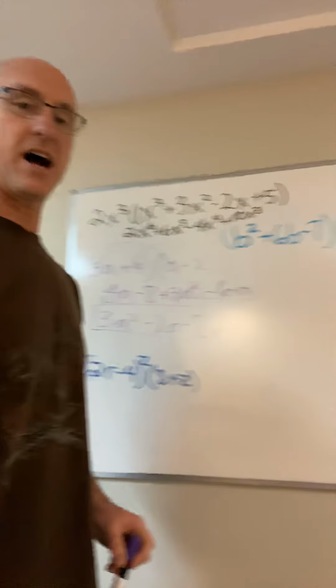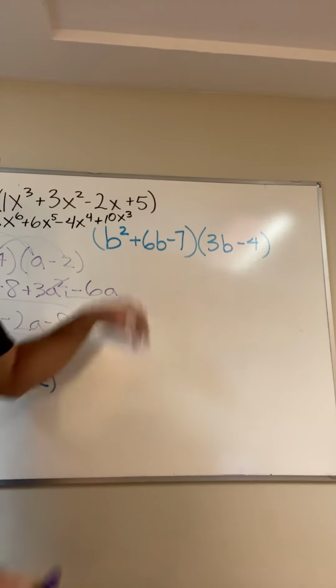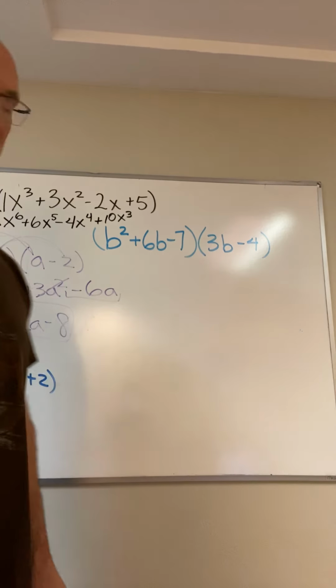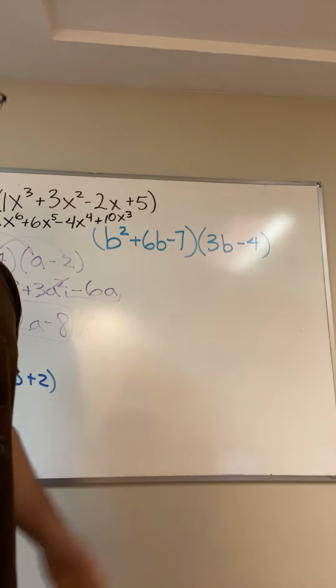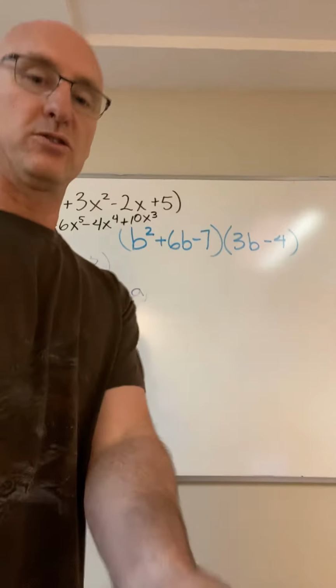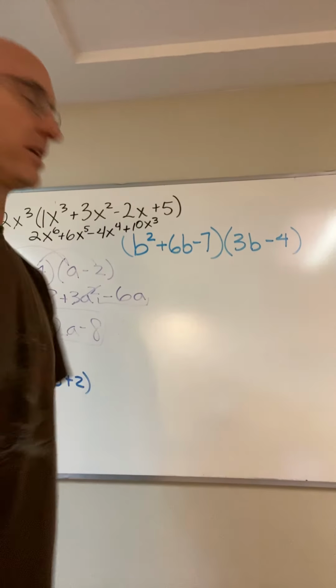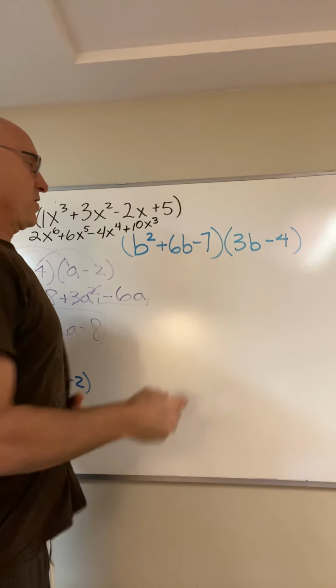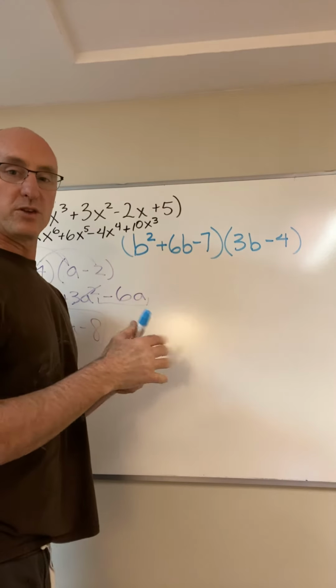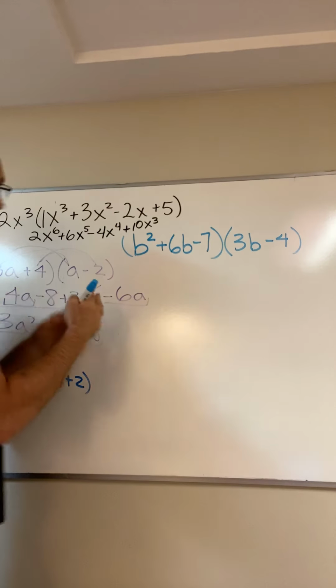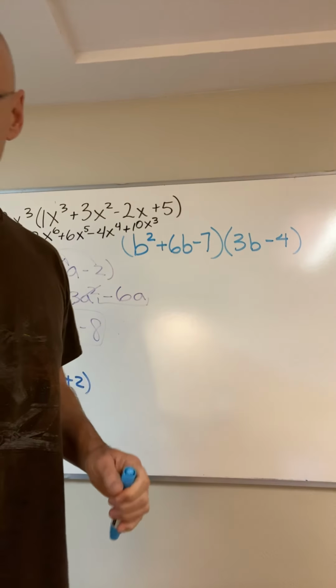All right, so now I want to show you how to do it when it's a little bit bigger. We're going to use another method that's called the box, okay? So let me see if I can get you down in here a little bit. All right, so what you do, if you don't like the double distribution, you can build a box, and that looks like this.